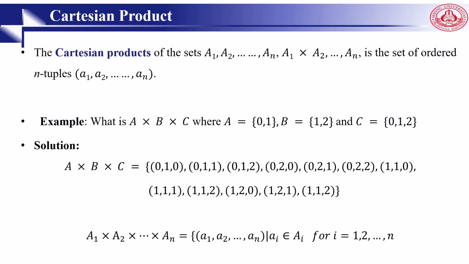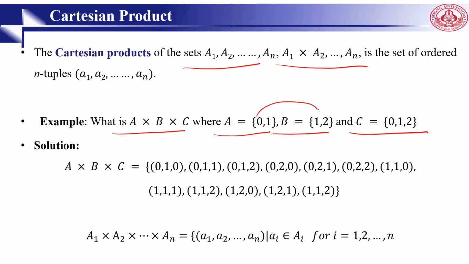And we can have not only two sets, we can have many, right? Like A1 times A2 up to An. So for example, you can see here, if we have A = {0, 1}, B = {1, 2}, and C = {0, 1, 2}, we want to do the Cartesian product. (0, 1, 0), (0, 1, 1), (0, 1, 2).